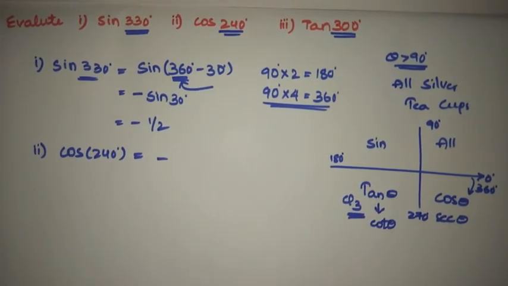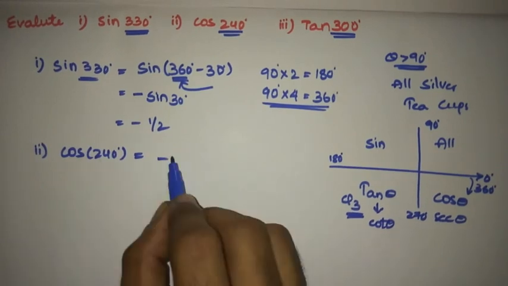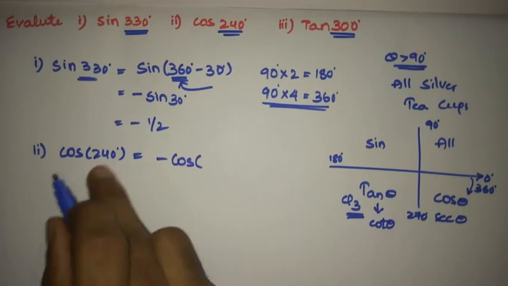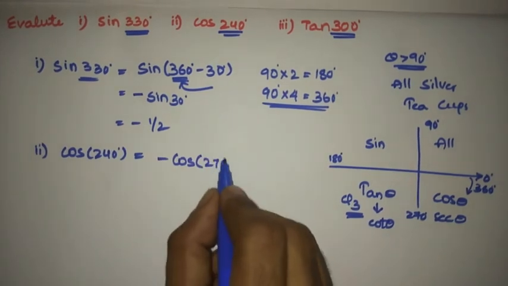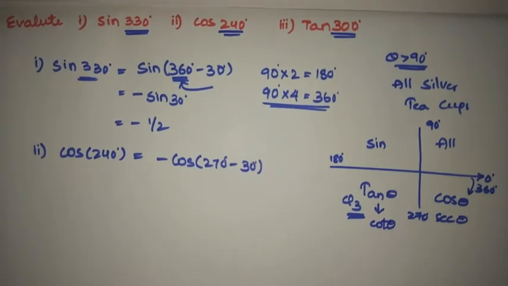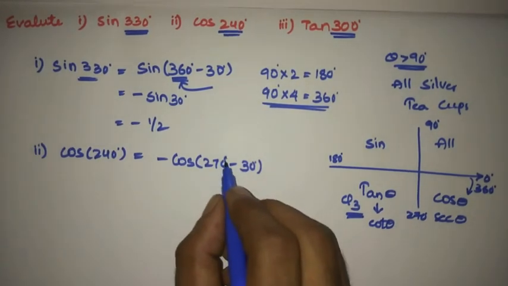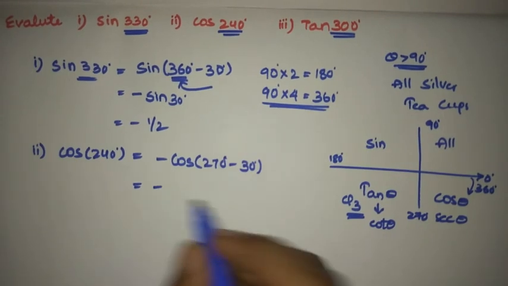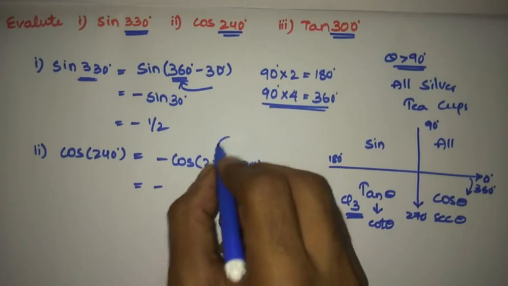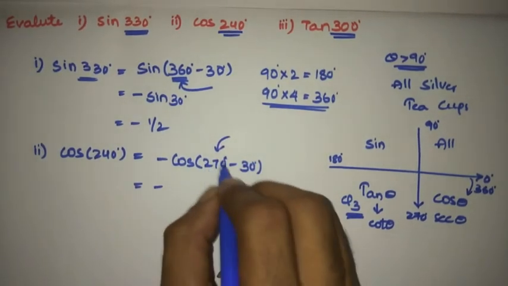Next, cos 240 can be written as 270 minus 30 degrees. We need to check the 270 value. It is an odd multiple of 90.